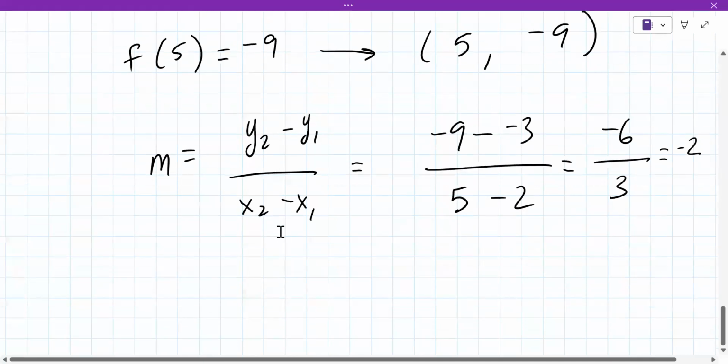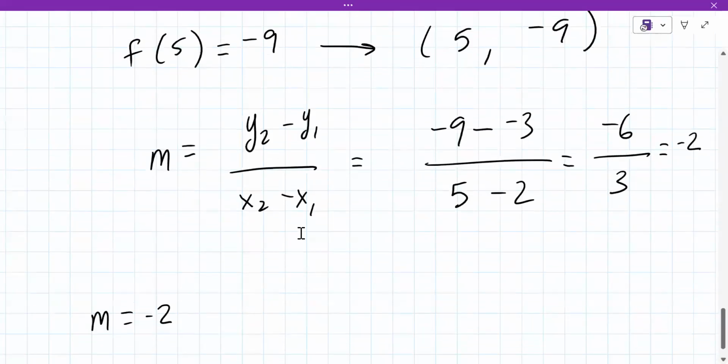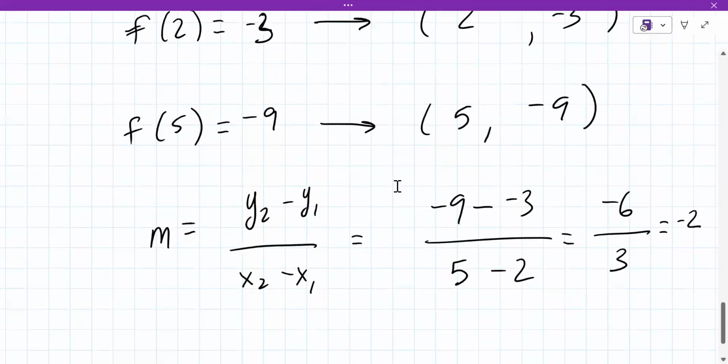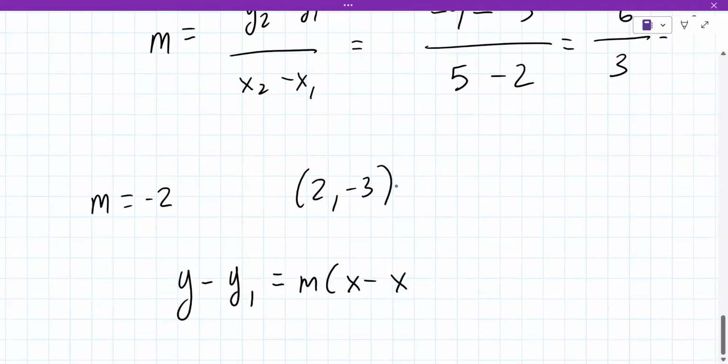Okay. So now I'm going to write the following. M is -2. And then I'm going to use that first point, 2, -3. The equation in point slope form is y minus y1 equals slope times x minus x1. You have the m value, you have x1 and you have y1.